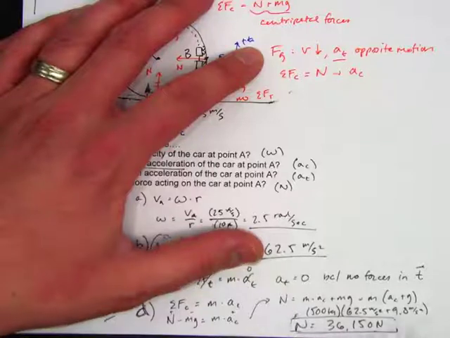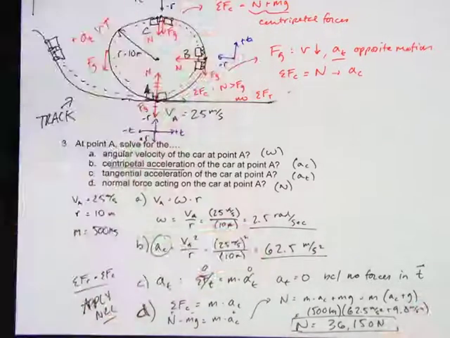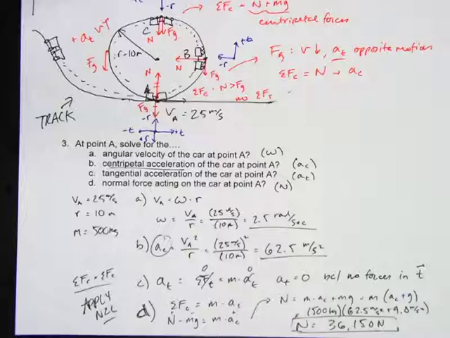So in a circular motion problem such as this with a vertical circle, when you want to find values of the individual forces, we're typically applying Newton's second law in the direction of the force and using the known values of the linear speed and radius to find a sub c, and then solving for the normal force.